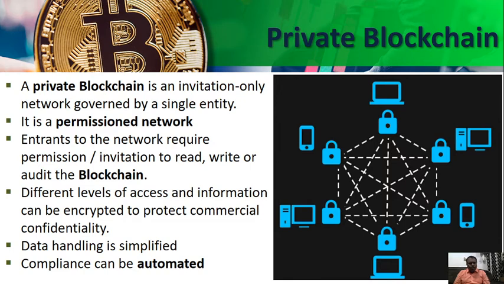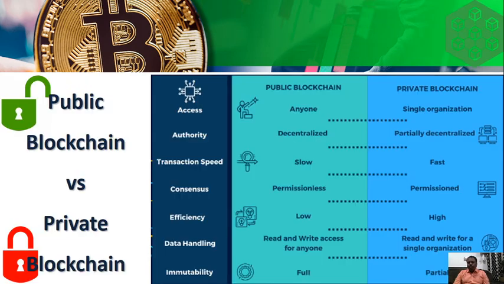Without prior permission, you cannot enter into the network. Now, different levels of access and information can be encrypted and given for commercialization. The advantage here is that data handling is simplified because it's inside an institution. The compliance is also automated because it again comes under a private organization. So that's private blockchain for you.